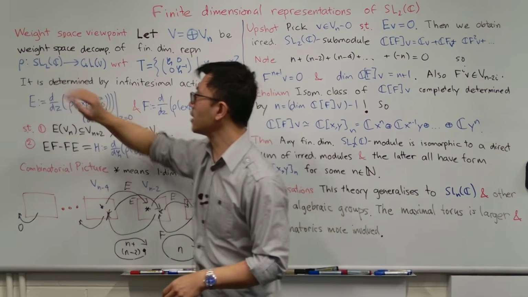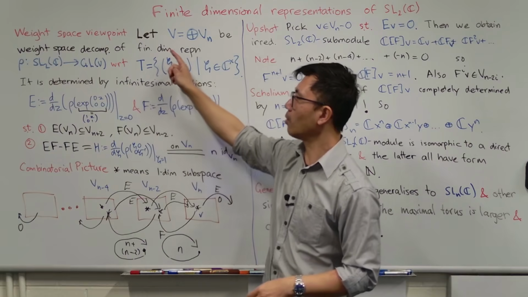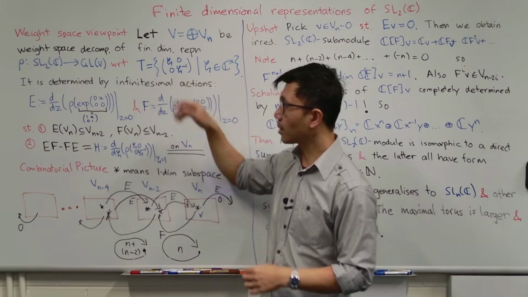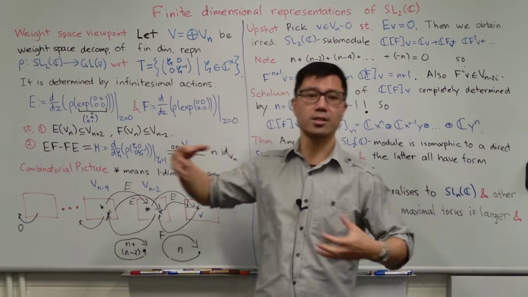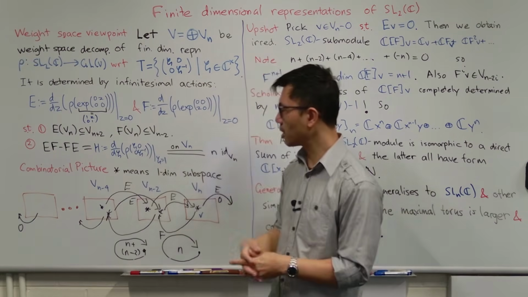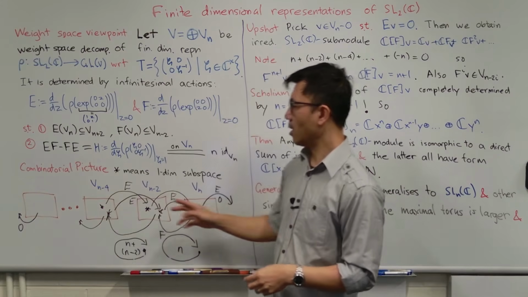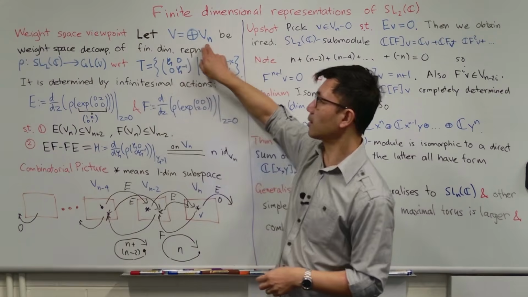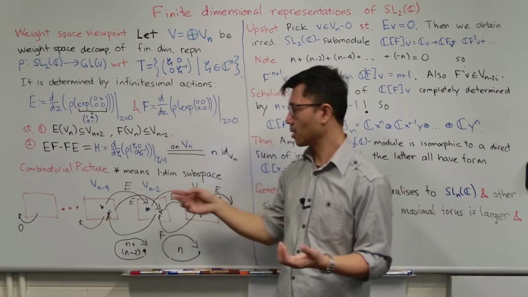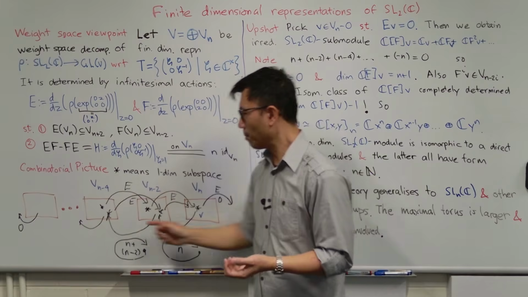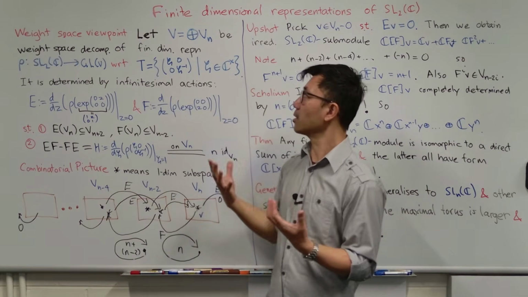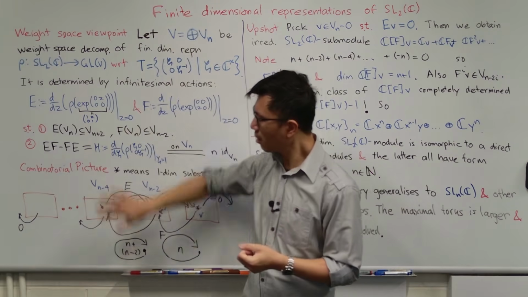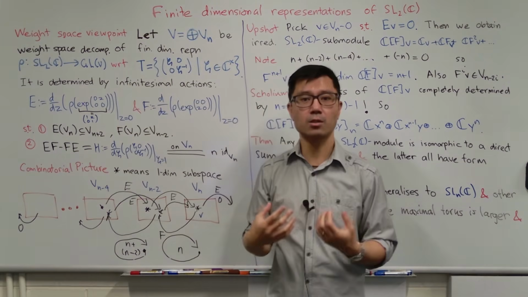If you have SLNC, you can also look at all the diagonal matrices, and they'll commute with each other, so you'll get a torus as well, but the torus is a lot larger. So when you look at these weight spaces, it won't be indexed by Z. It'll be indexed by some number of copies of Z, Z to the something. So that makes it more complicated combinatorially.